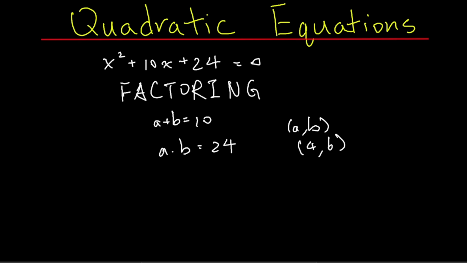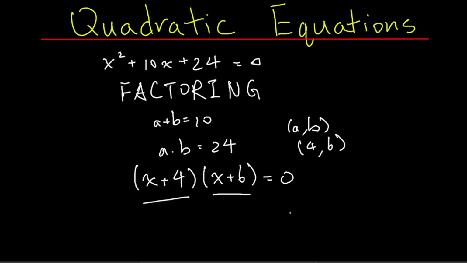So therefore, the factored form should be x plus 4 times x plus 6 equals 0. In which case, either one of the factors has to be 0 for this equation to stand, and therefore the roots would be -4 and -6.